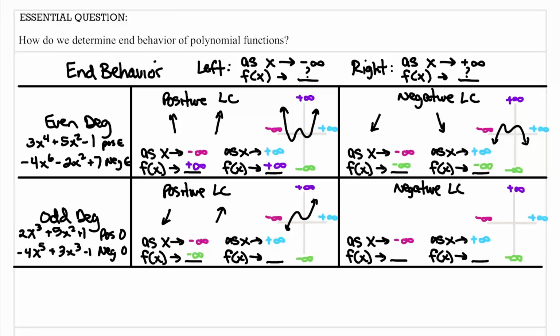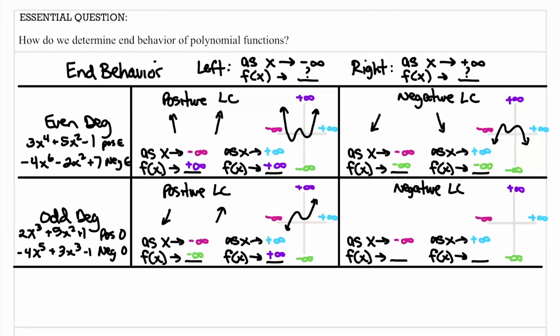So we've got, as x goes to negative infinity, f of x goes to negative infinity. And when we go to the right, towards positive infinity, we notice that the graph is going up here. So that means that as x goes to positive infinity, f of x, or the y values, are also going towards positive infinity.